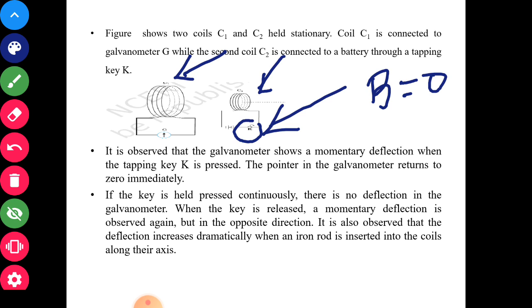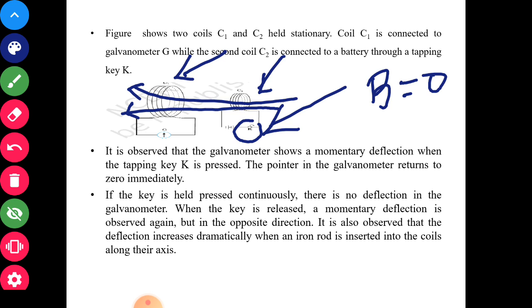But when you press it, the field lines associated with both the coils change, and then the field lines become constant. There is no change in magnetic field lines when you keep the key pressed.